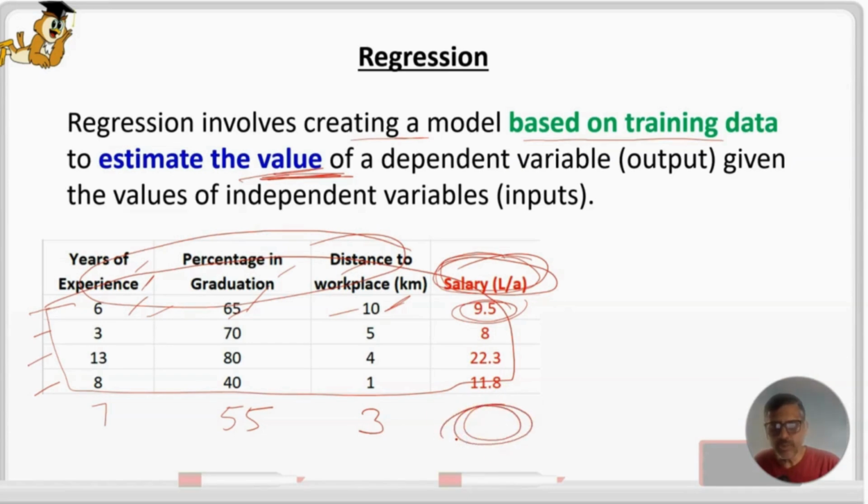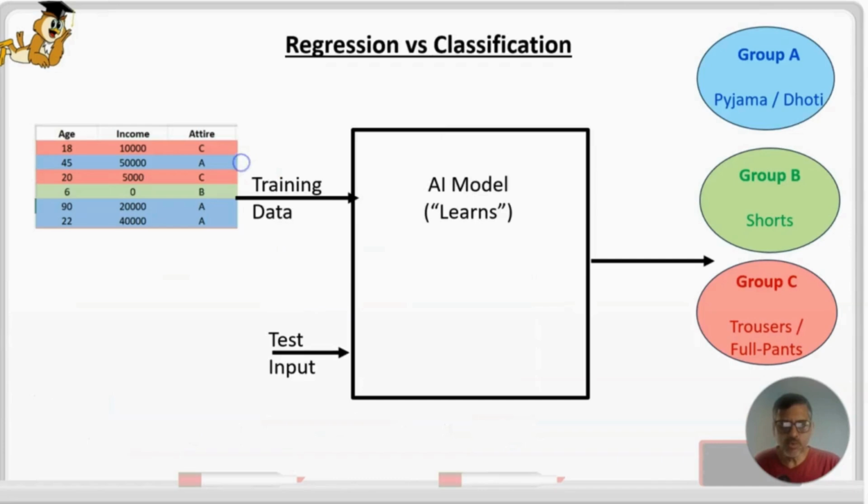You want to estimate the value of the salary given the values of the independent variables. So regression is about estimating the value. Classification was about estimating the category. Regression is about estimating the numerical value. That's the difference. Let's look at this difference in slightly more detail.